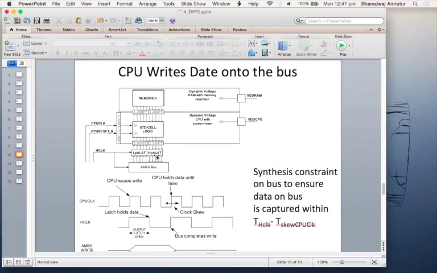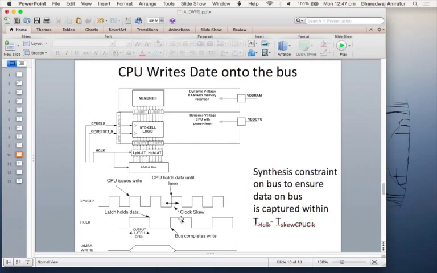That means it's transparent in here. What is the benefit? Because when the CPU sends out the data, if my CPU clock is delayed, it is still okay because the latch is transparent out here, so it will still flow through across.